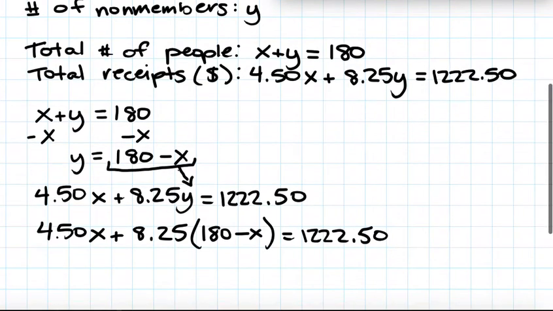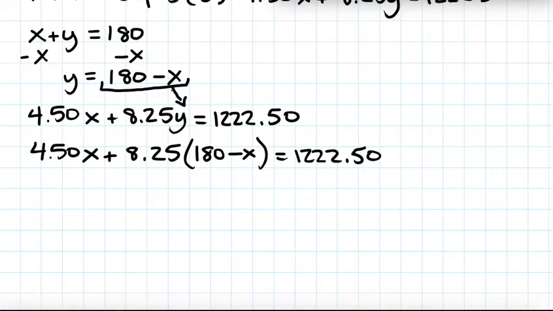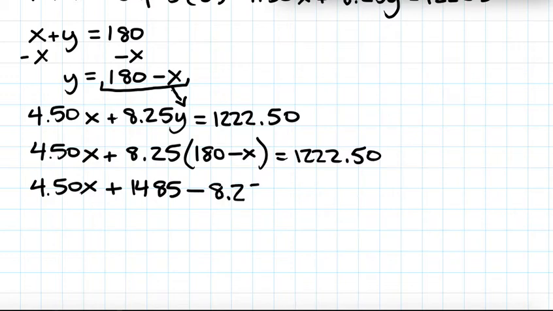From here, I need to distribute and then solve for x. $8.25 times 180 is 1,485. Make sure you get that minus sign on the 8.25.